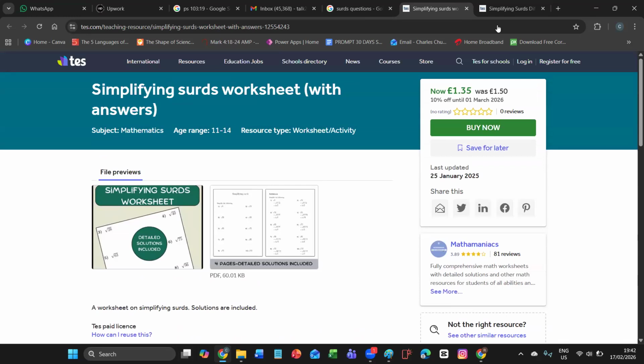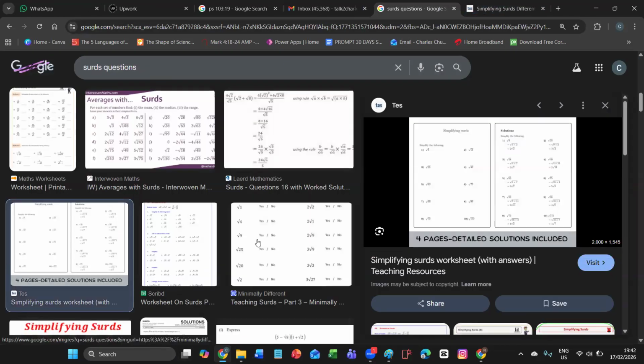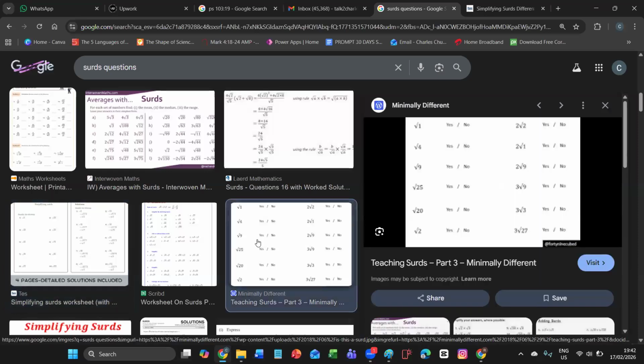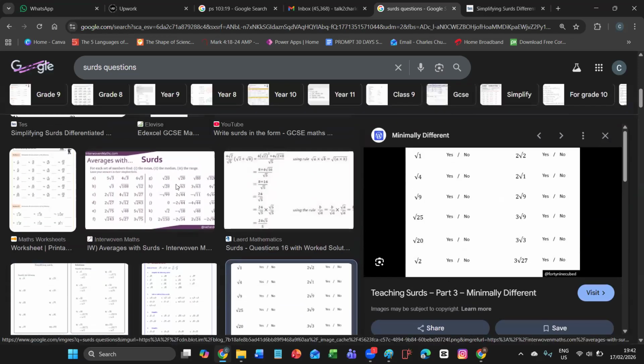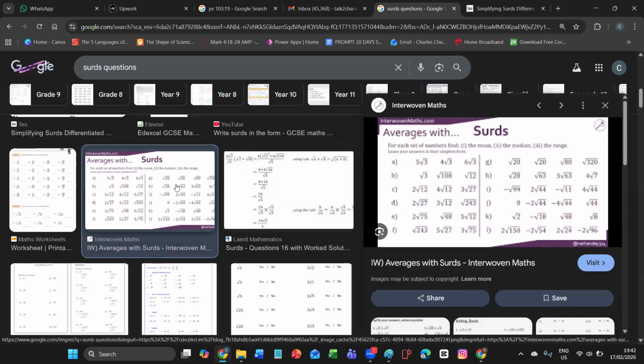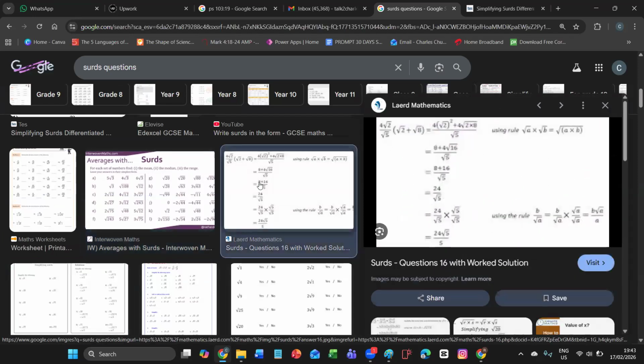This one is from TES still. I think I should go for one that's not TES. Let's see. No, too simple. Let's see what this one says. Does this one look okay? Oh, no, no, no. I'm not looking for stuff like that.